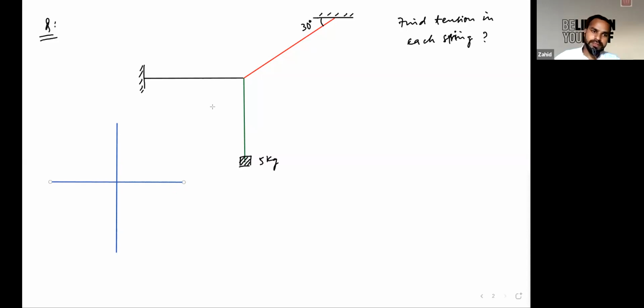This particular string is at some inclination of 30 degrees with respect to the x-axis, so it will be along this direction. This string is along this direction, which is opposite to the x-axis, and this string is along the vertical direction, or negative y-axis.